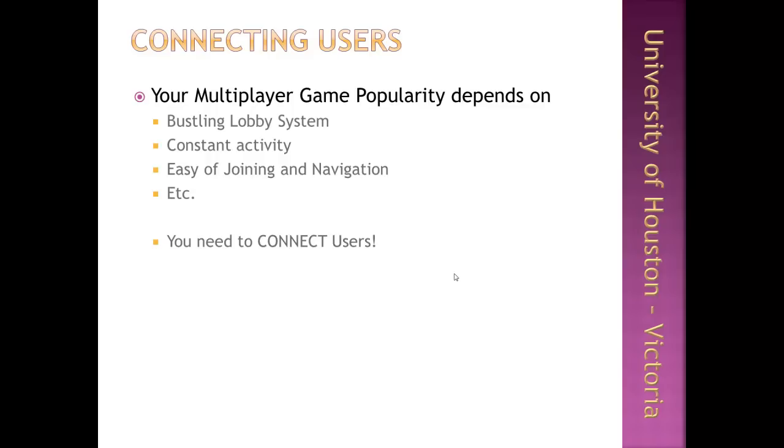What probably should come to mind is a virtual world or a game lobby system that's bustling and alive with constant activity. Users can join and leave frequently. They can chat and interact with each other very easily. How do these users get information about each other? Are they directly connected to each other, or is something else going on?